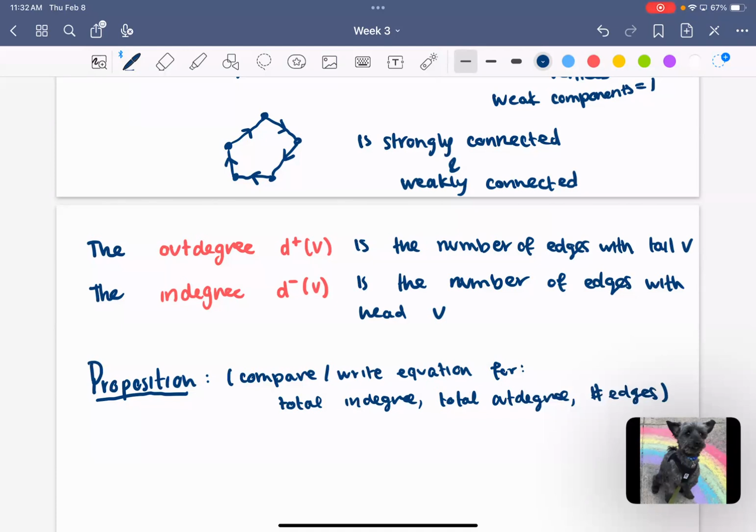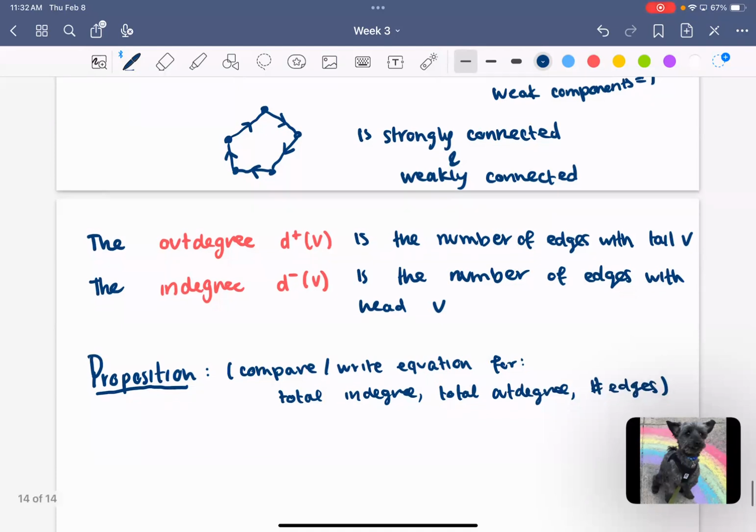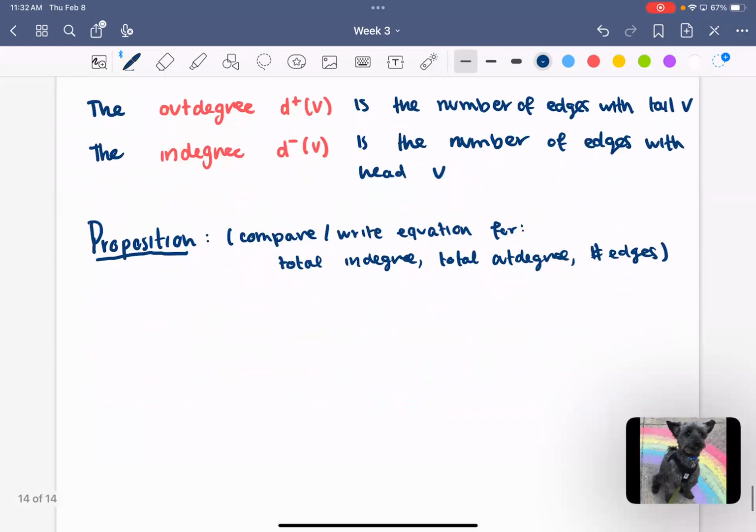All right, what do you guys think? What should the statement say? Does anyone have a guess? Yeah. Twice the number of edges is the sum across all vertices of their out degree plus their in degree.